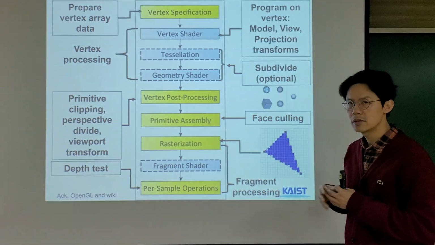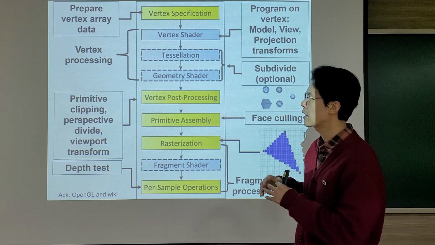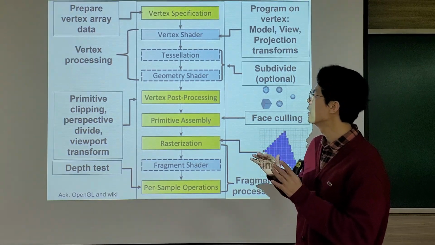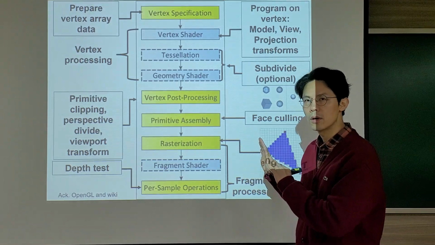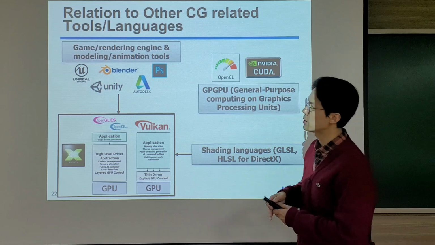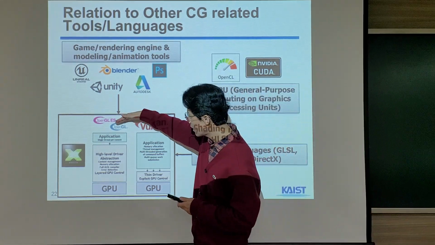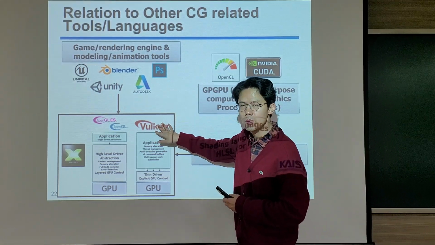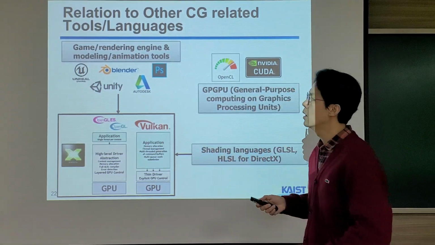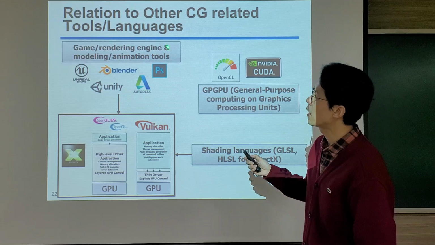There are lots of steps, but in this class I'd like to give you the high level of those steps, and then spend some time talking about recent technology. Also, there are many other options. Here we talk about OpenGL, and also Vulkan, which is more low level, providing more low-level control of the GPU. But there are also many game rendering engines.